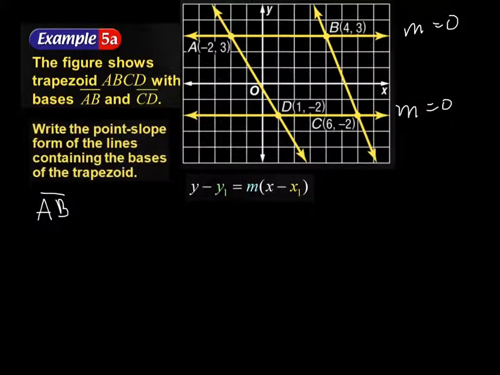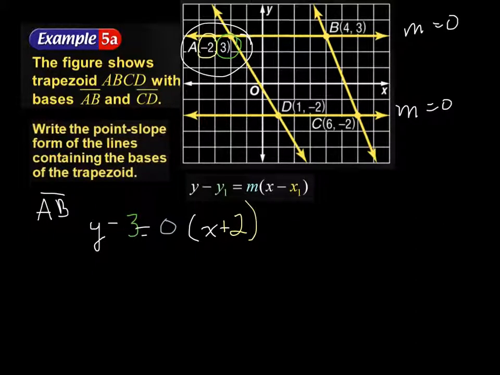And it doesn't matter which point we pick, I'm just going to pick A. So when we plug in, y minus the y part of my point, 3, equals the slope we said was 0 times x minus the x part of my point, which is -2, so minus -2 is plus 2.